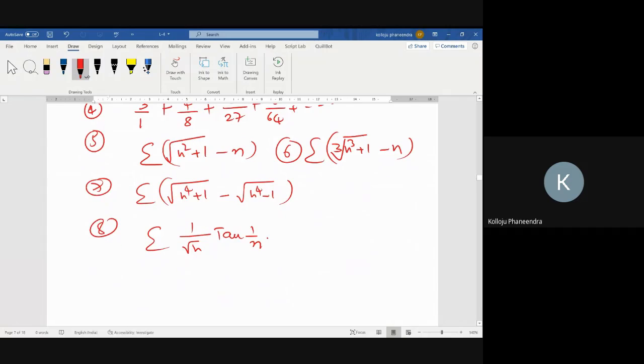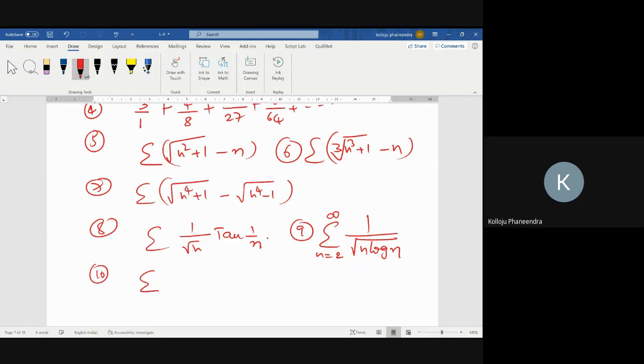Next one, ninth problem. Sigma 1 by under root n into log n, n is from 2 to infinity. And the last problem, that's easy anyway.